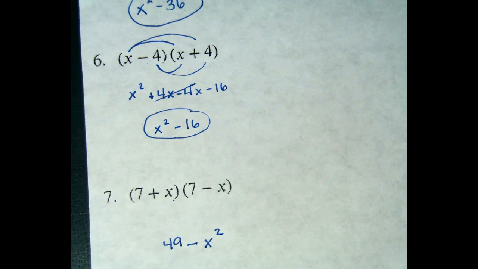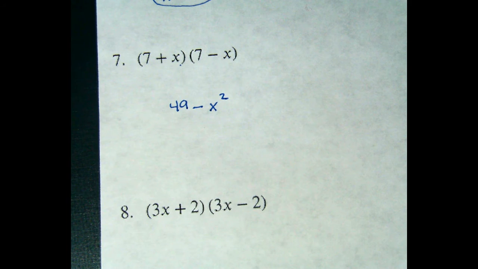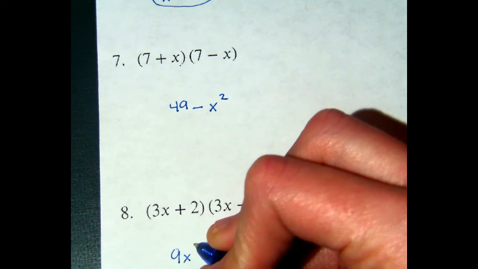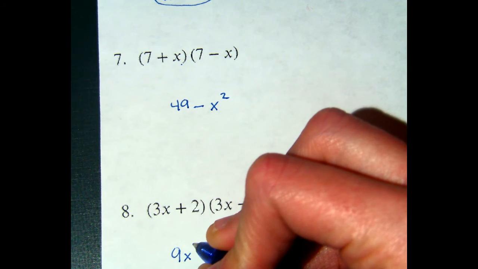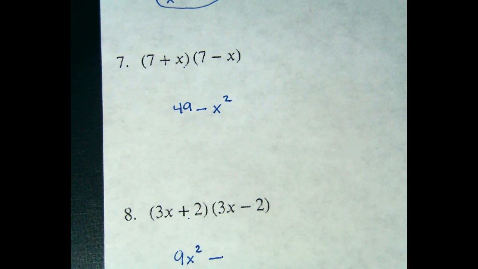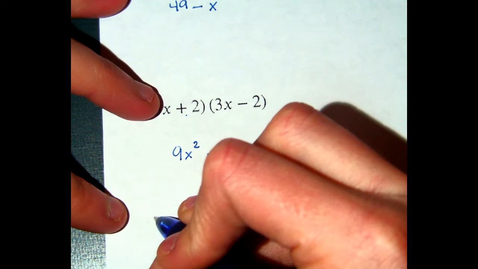The rule is square the first, so 7 squared is 49, minus square the last. So then if you're squaring the first on number 8, what's the answer? 9x squared. It's always minus because it's a positive and a negative. Minus 4. Yep, I like that rule better than the last one.